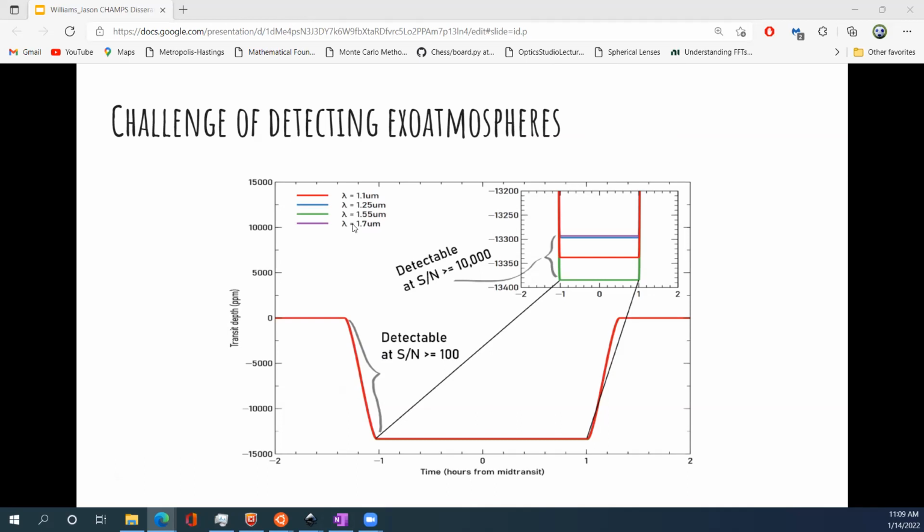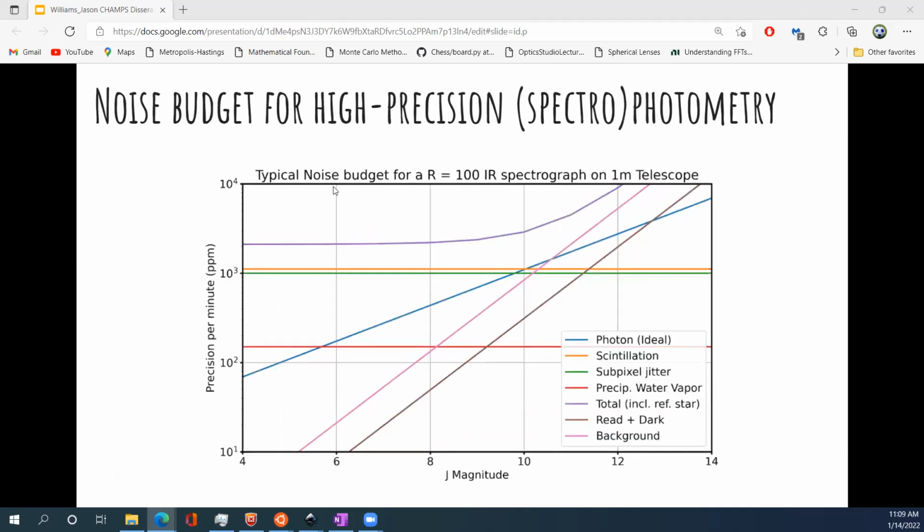What makes Henrietta unique is the fact that it's designed with a photometric noise budget in mind. Here's a noise budget for a typical resolution of 100 near-infrared spectrograph on a 1 meter telescope.